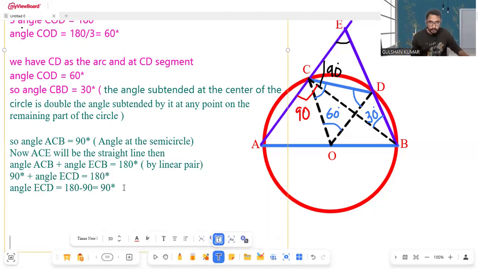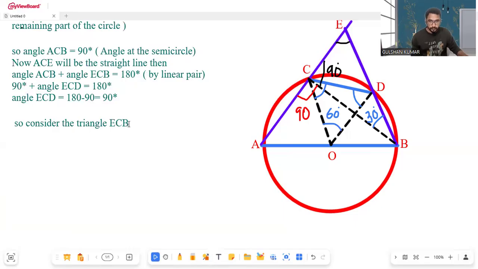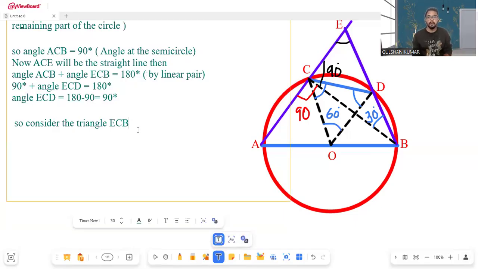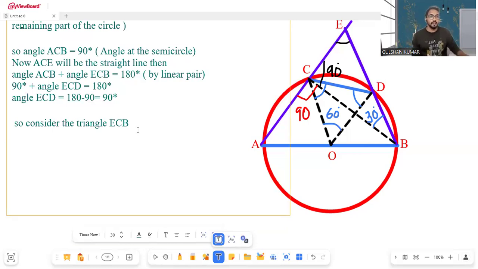So consider the triangle ECB. Triangle ECB, which is this one, this EC, and that will be B. It is clear that angle ECB is 90 degrees, EBC is 30 degrees, and CEB we have to calculate here.